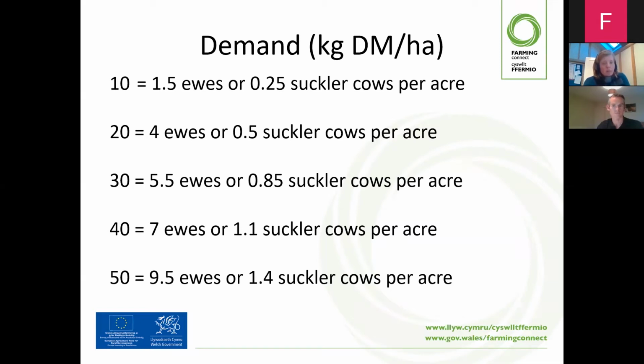Obviously, if the grass growth is 10, it can support 1.5 ewes per acre, or a quarter of a suckler cow. You get them in that proportion. And as grass growth increases, obviously stocking rate increases. So the challenge we're getting this year, and why there's been some concern about grass supply being tight, is that generally people have put out at the standard stocking rate, assuming that it will be growing to them.